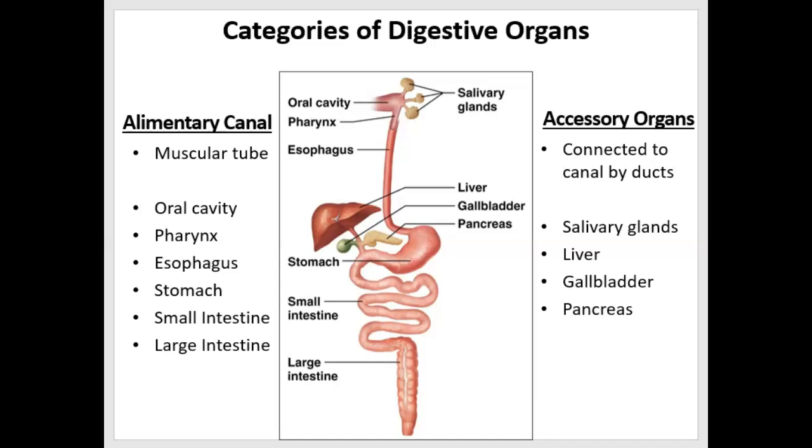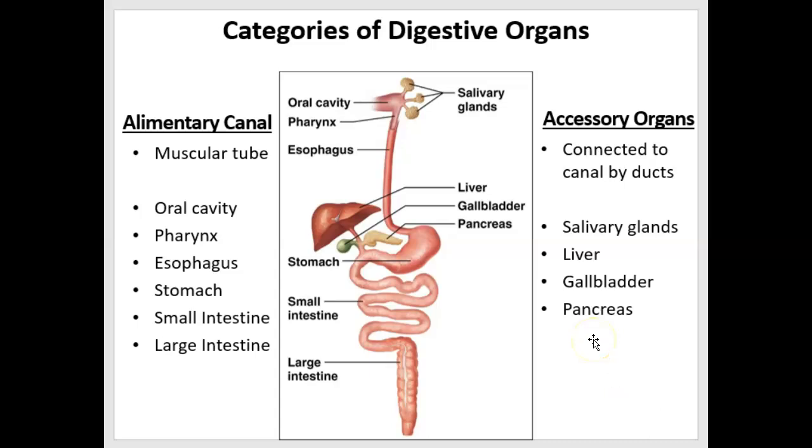The components of the alimentary canal are continuous from superior to inferior, and the openings at either end of the canal are controlled by sphincter muscles. At the oral opening is a muscle called the orbicularis oris, and at the inferior most end, the end of the large intestine, there's a sphincter muscle called the external anal sphincter.